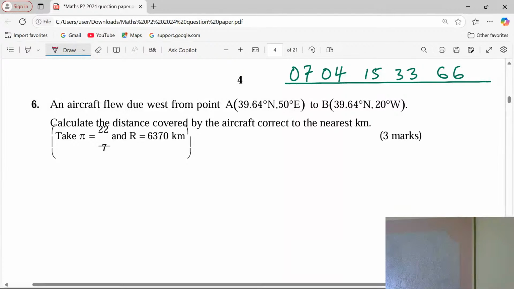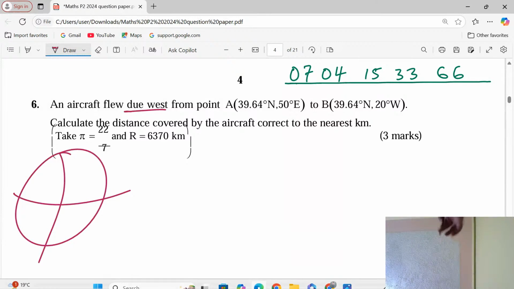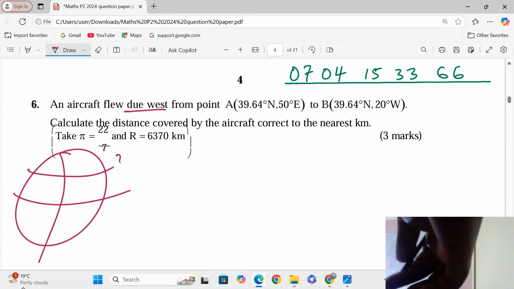For this particular case, we are moving due west. To move due west means that this aircraft is going to move along the latitude 39.64. So we have the sphere of the earth, just sketching.